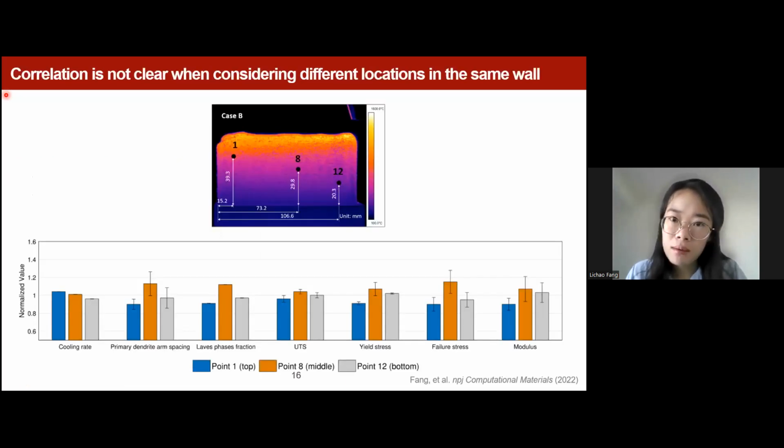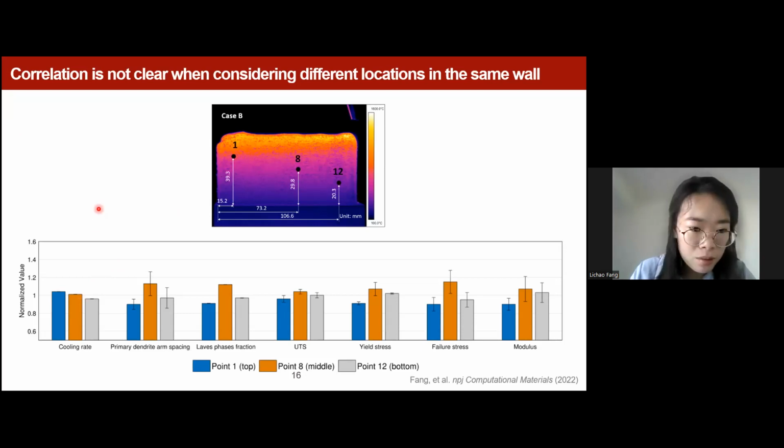Then we move on to look at a similar comparison, not between different cases, but between different locations in the same thin wall. As we can see, point 1 is at the top part, point 8 is at the middle part, while point 12 is at the bottom part of one built sample.